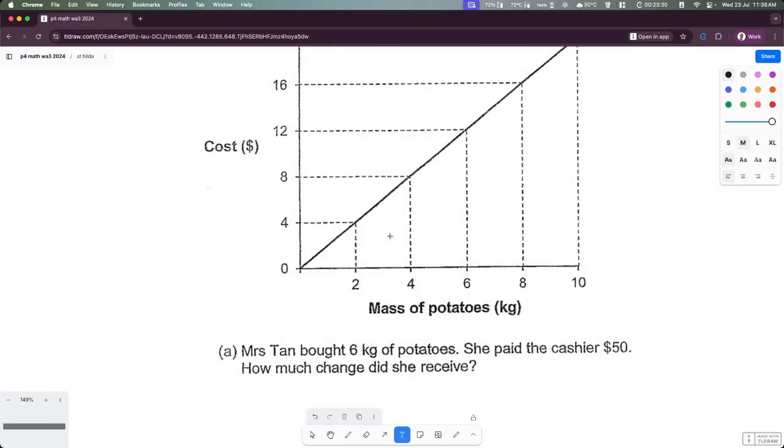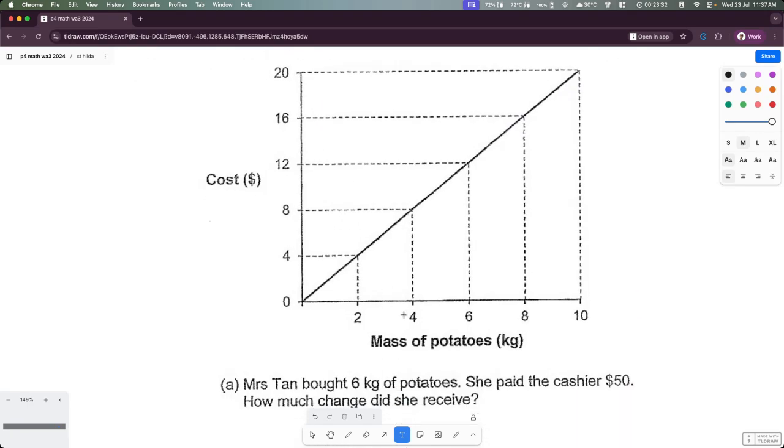In this case, we want to know how much the potatoes cost according to how many kilograms. The mass of potatoes, 2 kilograms, is $4. I'm going to put brackets so it's easier to see.